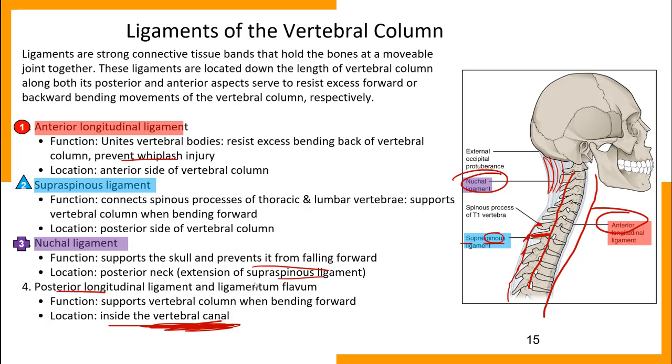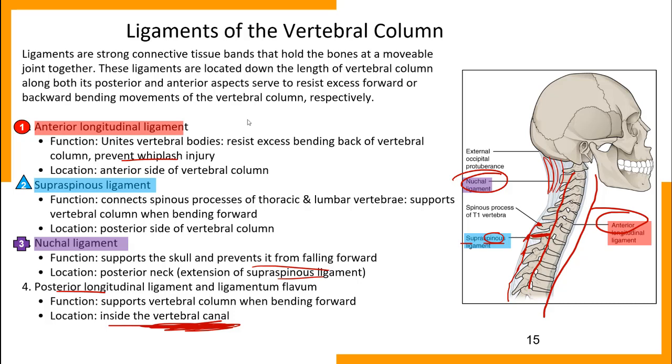And that again helps keep the vertebral column intact. So these four or five different ligaments help to prevent excess forward or backward bending motion, help to keep the vertebrae stable, and help to protect the spinal cord that's inside of the vertebrae.